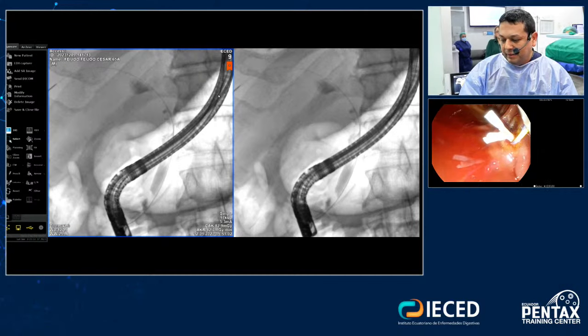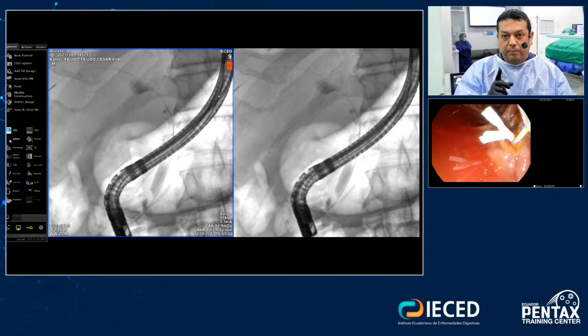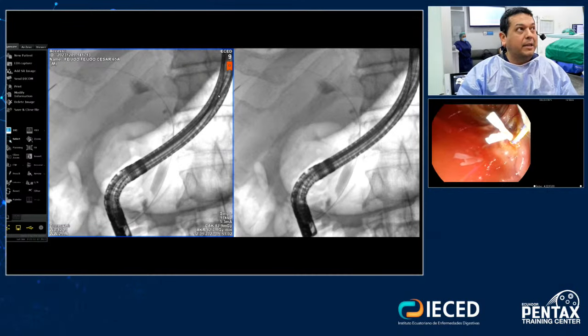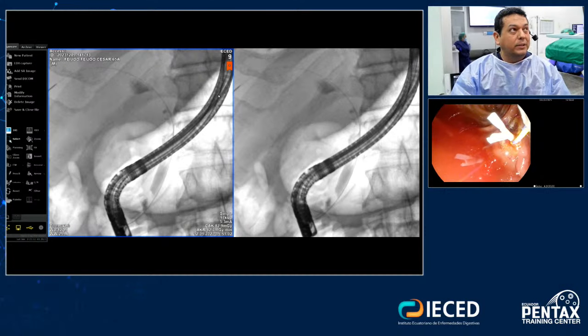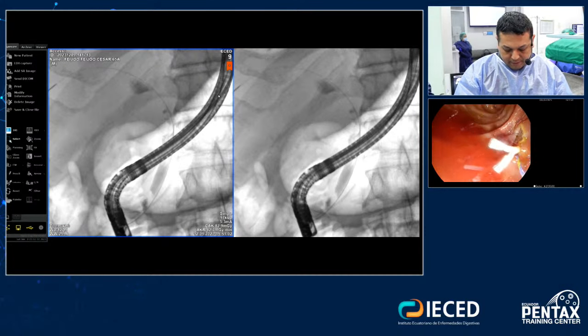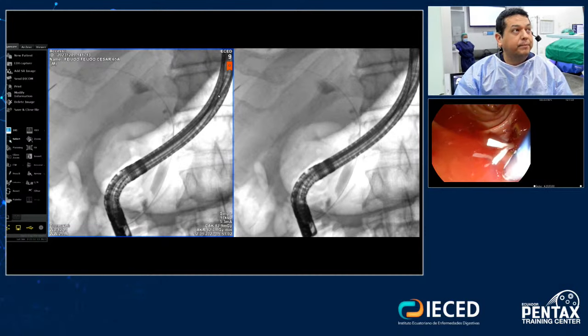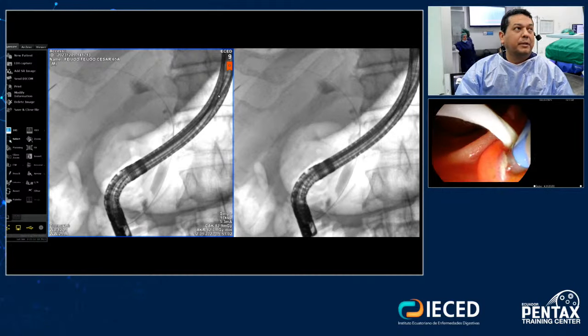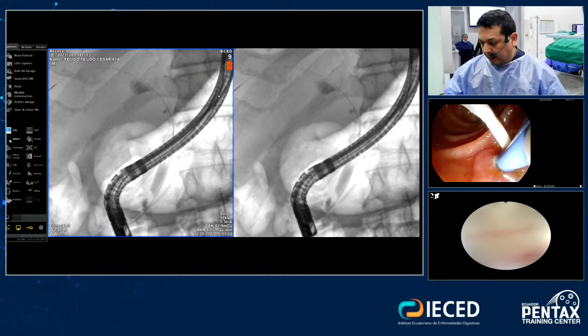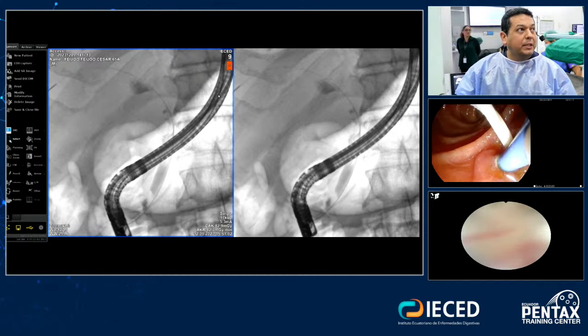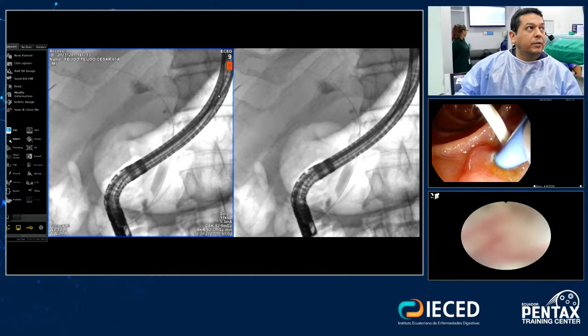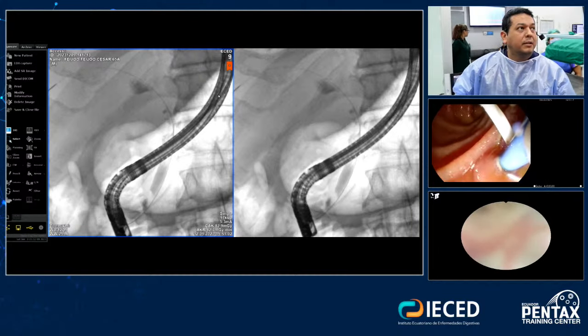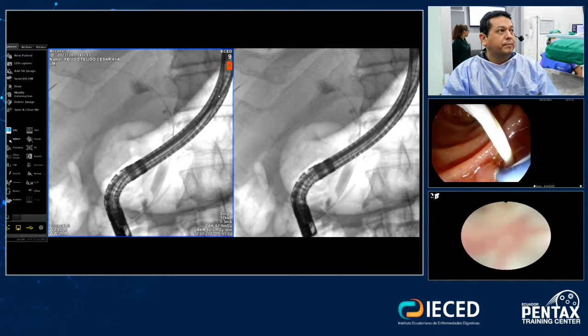So this is a very nice point. What kind of stent? So I will say if this patient does not have anemia or bleeding like I saw in this case, I will use an uncovered stent, but because probably the life expectancy of this patient is really low, in 6 months.